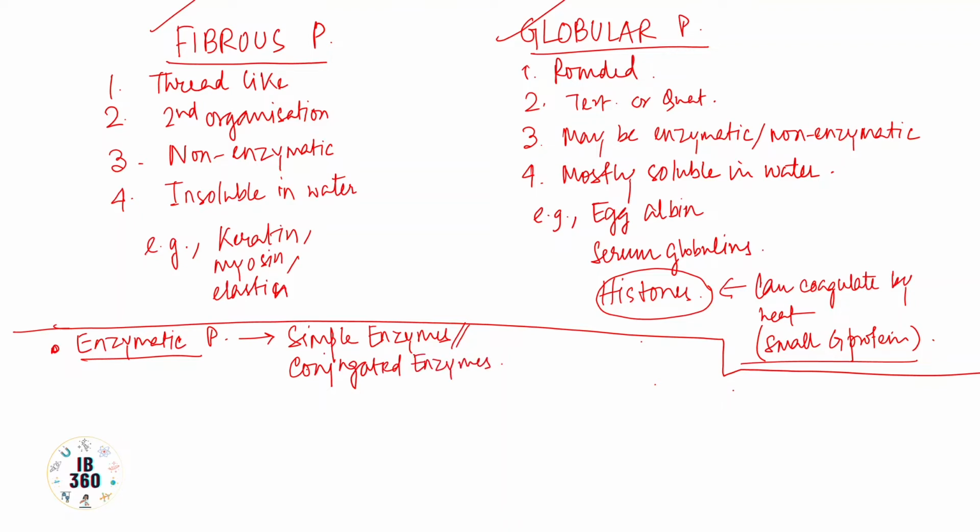Simple enzymes will have only amino acids, but conjugated enzymes will have other non-amino acid parts, called cofactors, attached to the core enzyme. Enzymatic proteins are usually globular in shape because globular proteins are mostly enzymatic. Fibrous proteins are never enzymatic. That is another important point.